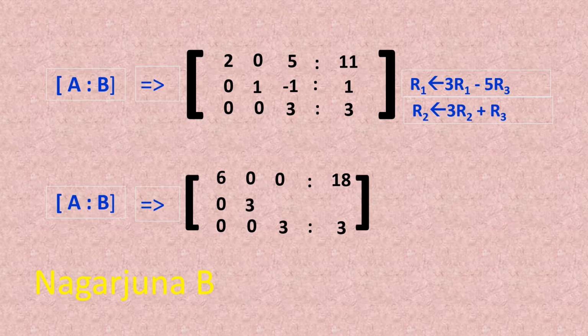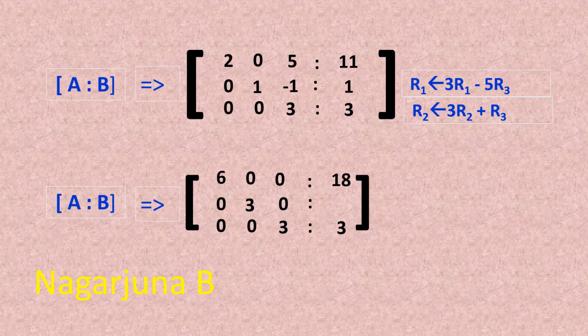Then the third element of R2 is minus 1. 3 into minus 1 is minus 3, plus the third element of R3, which is 3. Minus 3 plus 3 will be equal to 0. So what have we made? We have made A dash 2 3 become 0 by using A double dash 3 3. Right? That is the third step of the Gauss-Jordan elimination method.